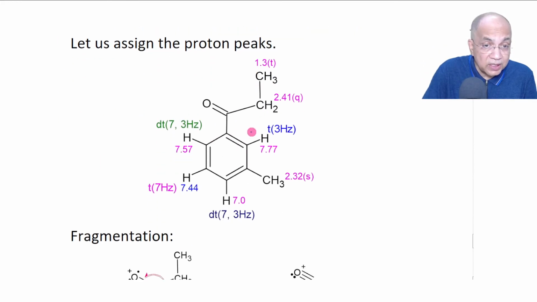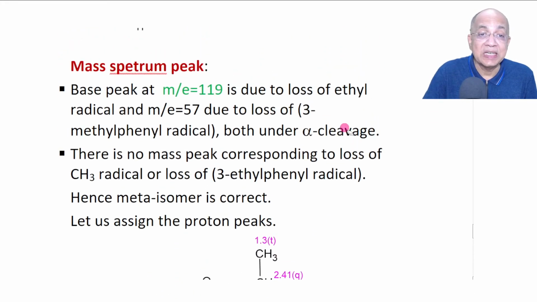And loss of the entire methyl phenyl radical, where the alpha cleavage occurs here, will give you the CH3CH2C triple bond O plus, with a lone pair. That is the 57 peak, right?